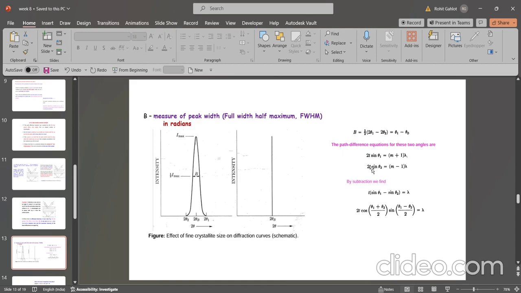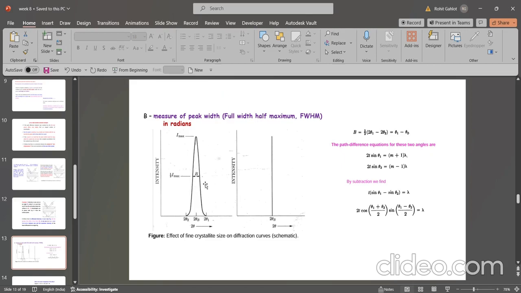Now if you talk about the measure of your peak width, that is full width half maximum. So this is your full width half maximum. Here we talk about the integrated intensity, which is the area of this one.